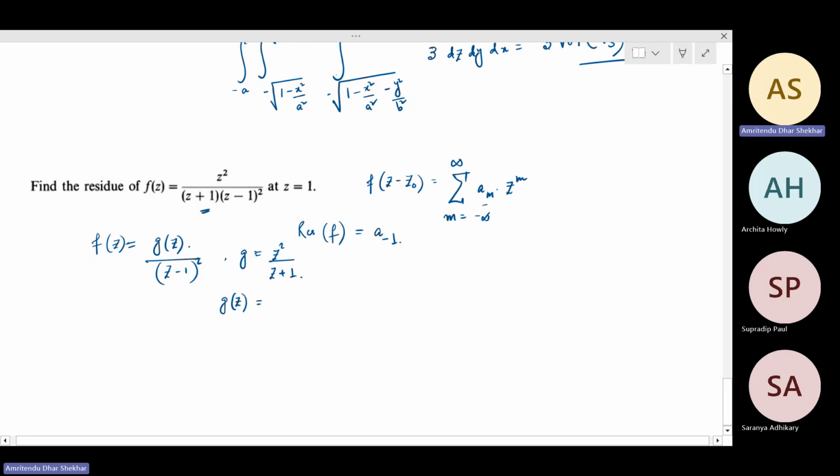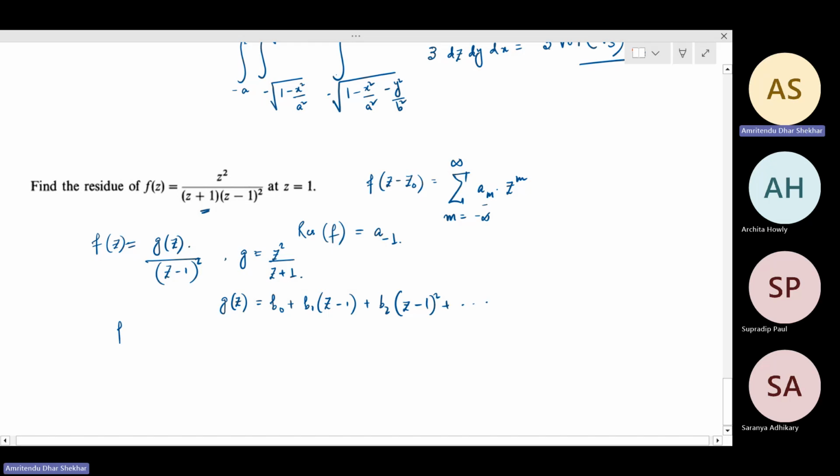So you can do an analytic expansion of g around z equals 1, and that would look something like b0 plus b1 of (z minus 1) plus b2 of (z minus 1) squared plus dot dot dot.